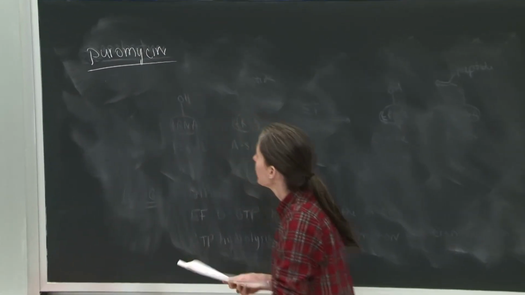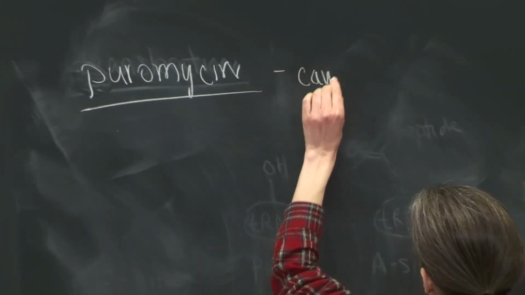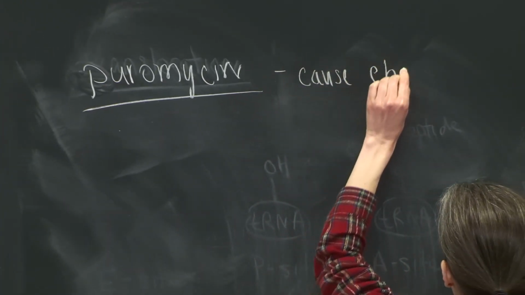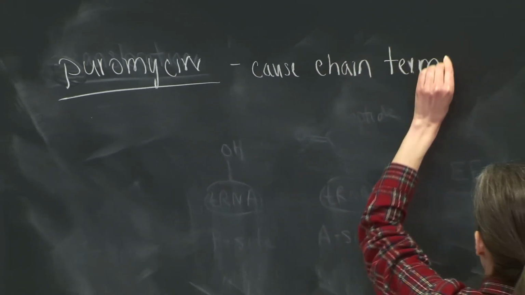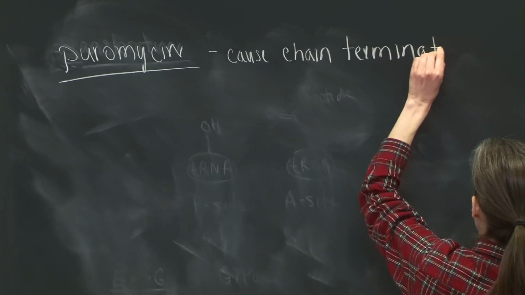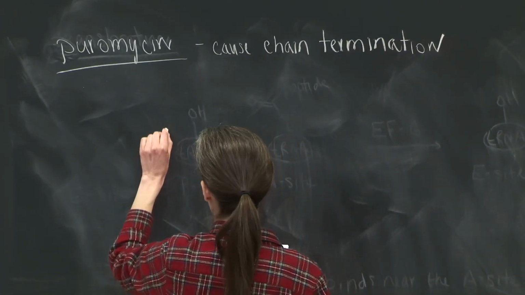These puromycins are molecules that cause chain termination. Okay, and we'll look at an example of a structure.